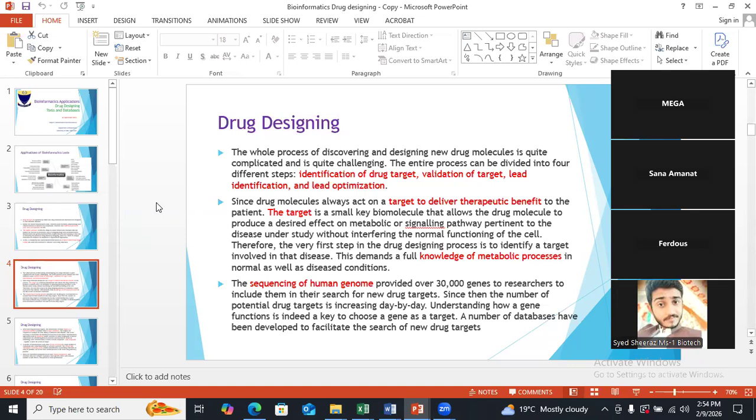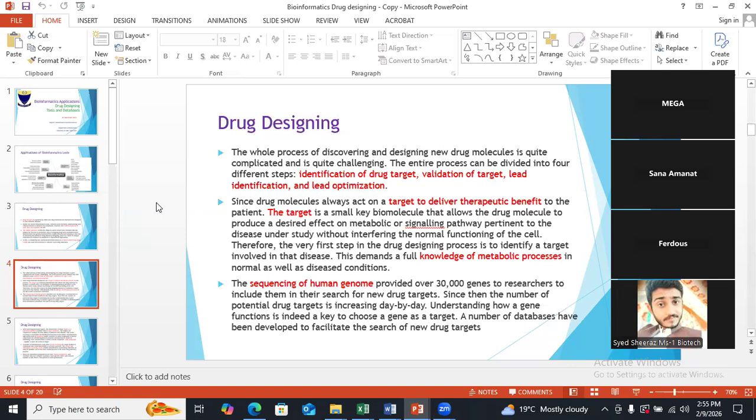There is another opportunity, which is the sequencing of the human genome. The sequencing of the human genome has already been done, and all the sequences of the human genome have been discovered. It provides us a good opportunity to discover new molecules and new molecule targets, because when we have all the data of the genes in the form of nucleotide sequences, then we can identify the specific proteins, motifs, and the coding and non-coding sequences within the genome.